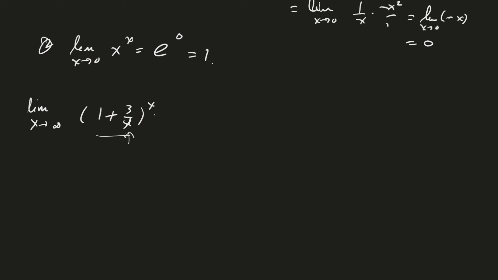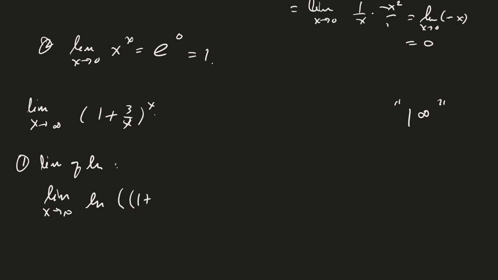And so this is a 1 to infinity form, right? Good. So what we want to do, step 1, is to take the limit of the log. So we take the limit as x goes to infinity of the logarithm of this expression. And the reason we do that, again, is because that changes things into the product, which is x times the log of 1 plus 3 over x.